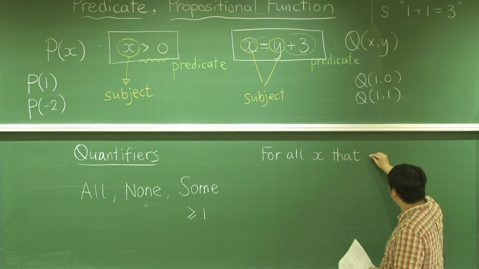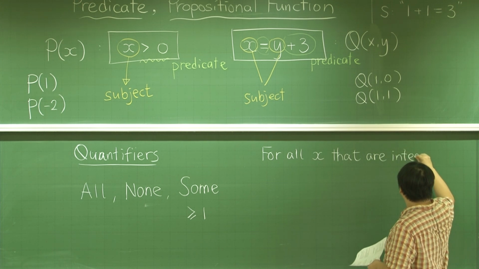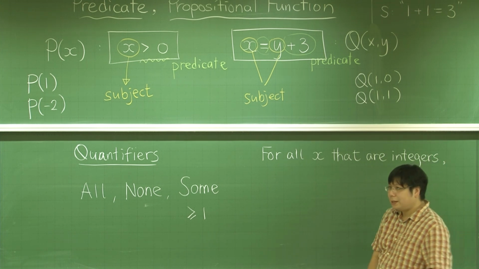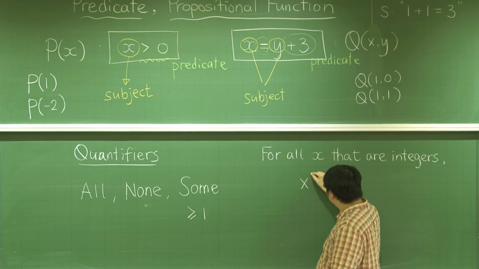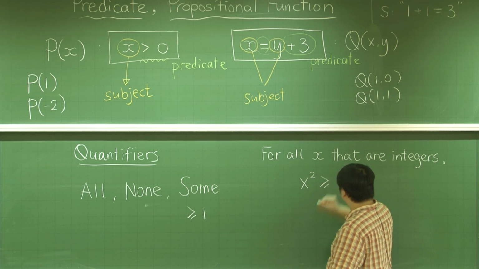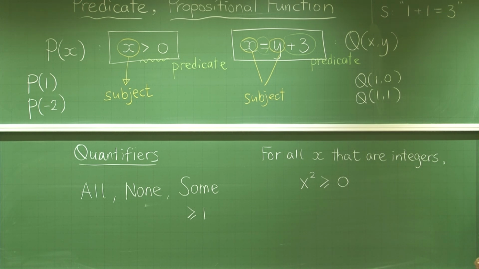For all x that are integers. There can be a lot of different integers. Then we will talk about x squared is greater than or equal to 0. Now look at it.